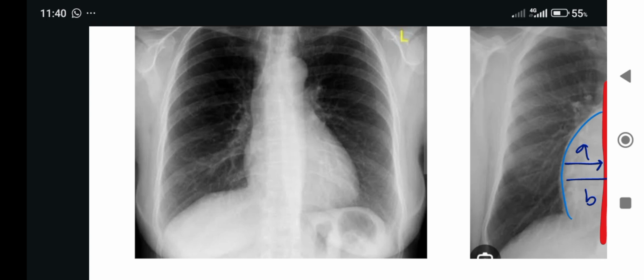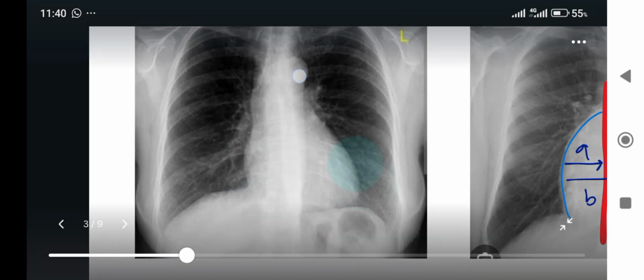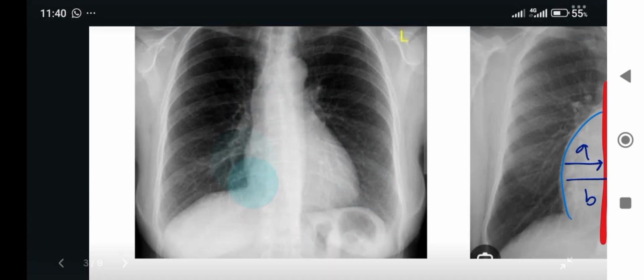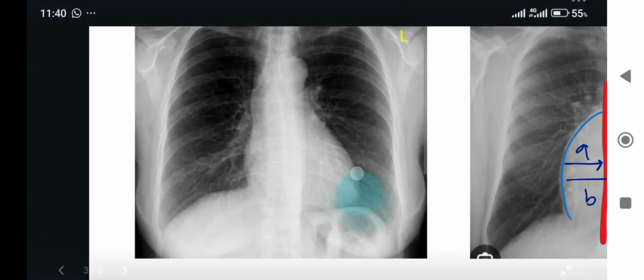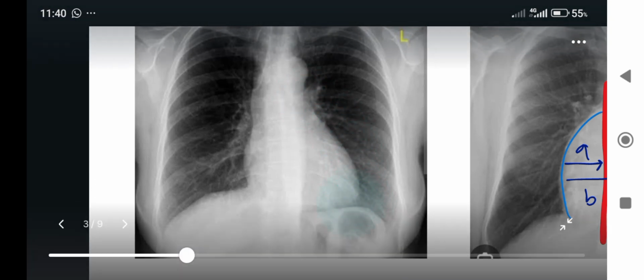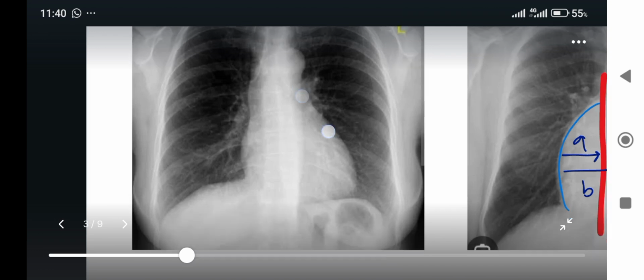The right heart border is mainly the border of the right atrium. The left heart border is that of the border of the left ventricle.